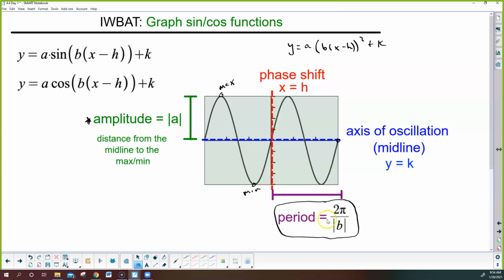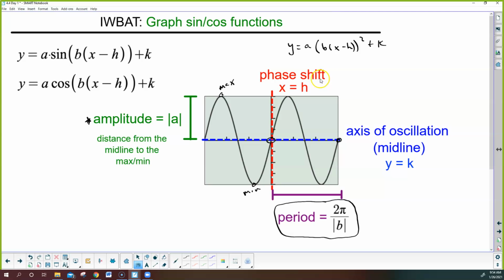So whatever number B is, we do 2 pi divided by that. And that will tell us how many tick marks it will take to get from a start to end, from where you started back to where you originally wanted to go, going through a max, midline, min, and following one period.